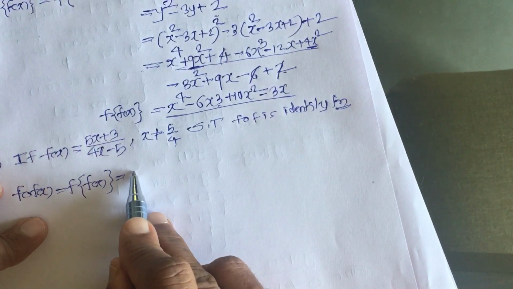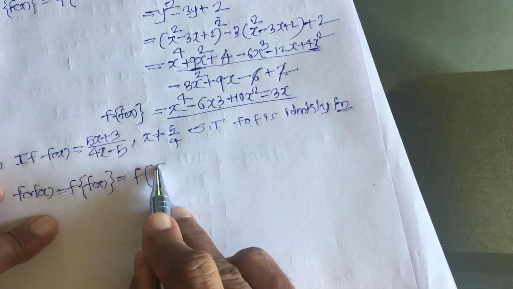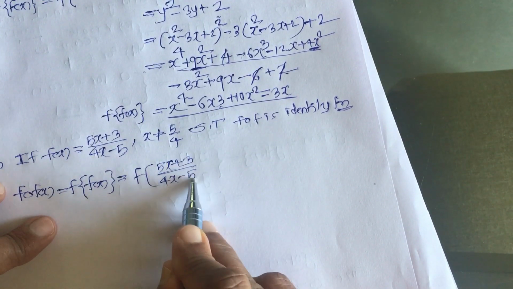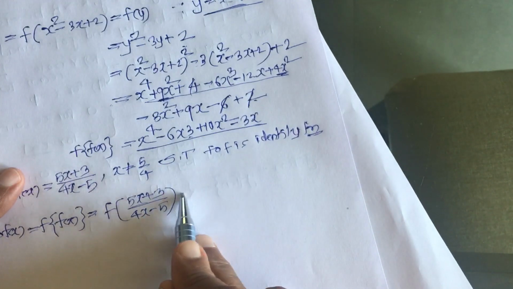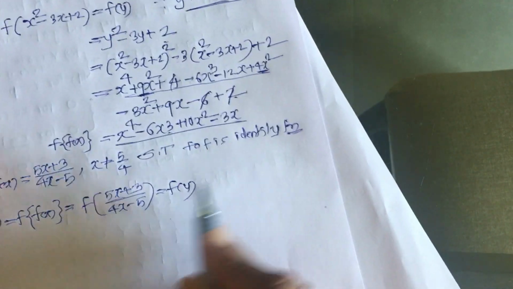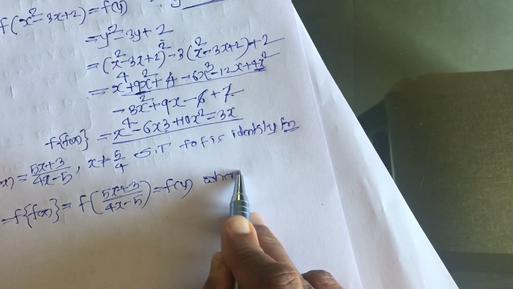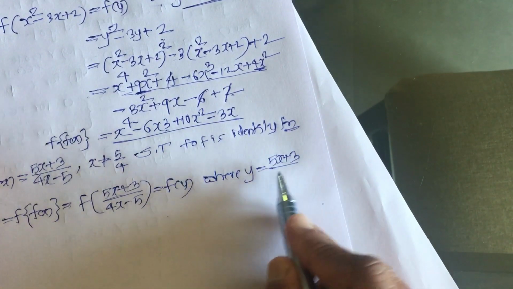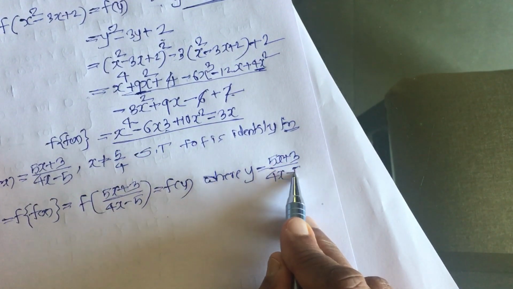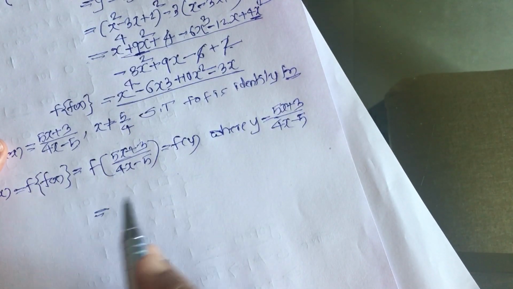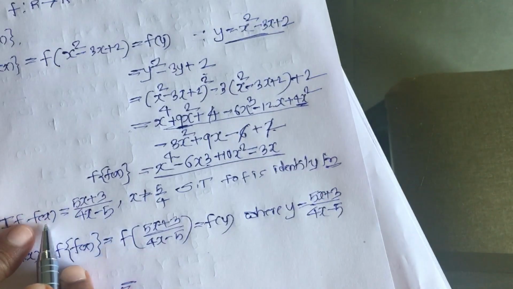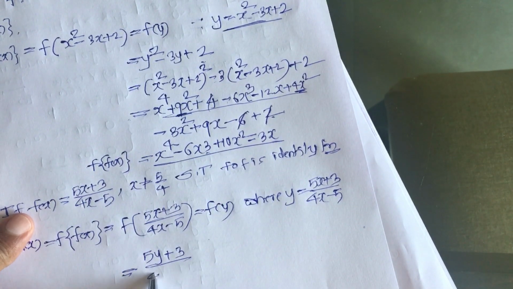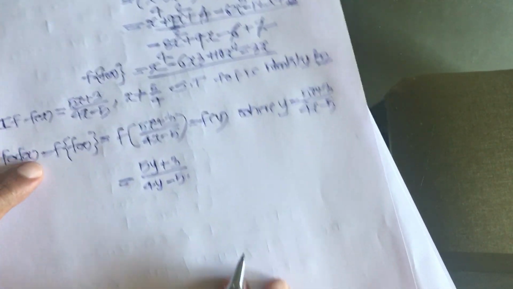I put the value f of x is 5x plus 3 divided by 4x minus 5, and as we have done here, let us take this as f of y, where y is 5x plus 3 divided by 4x minus 5. And f of y means put x equal to y, which is 5y plus 3 divided by 4y minus 5.